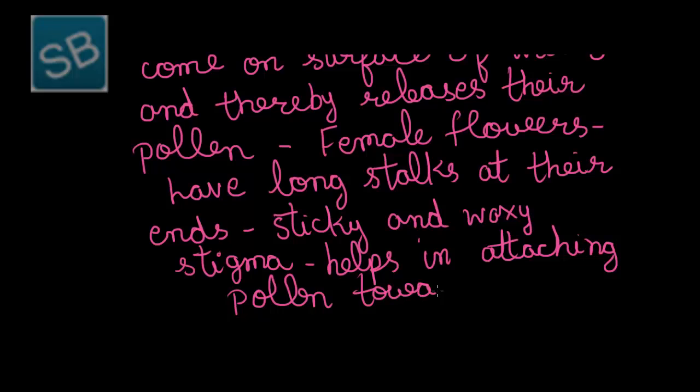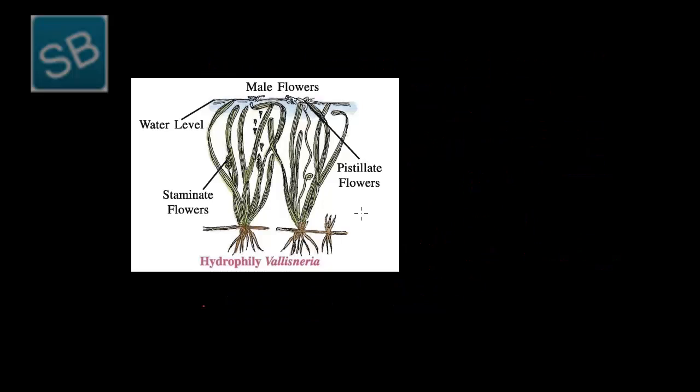And thereby transfer of pollen occurs from the male part to the female part. This figure depicts the hydrophily in Vallisneria. As can be seen from the figure, the male flowers that are present on the surface release their pollen to the female part which possesses a waxy stigma.